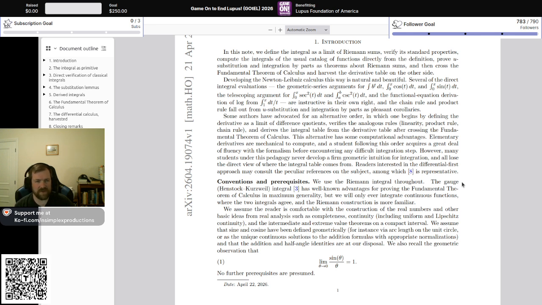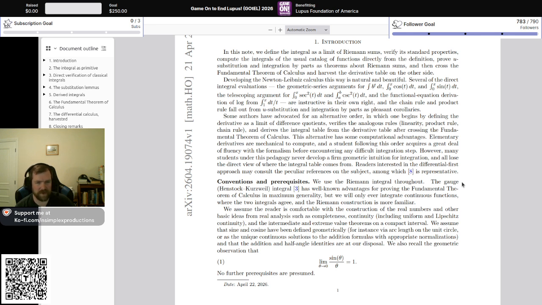The gauge Henstock-Kurzweil integral has well-known advantages for proving the fundamental theorem of calculus in maximum generality, but will only ever integrate continuous functions where the two integrals agree and the Riemann construction is more familiar.